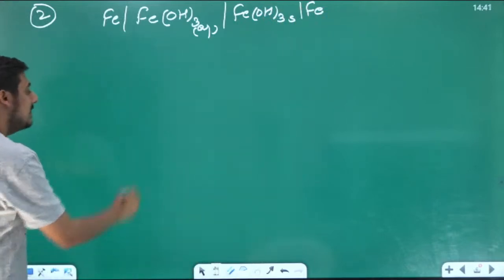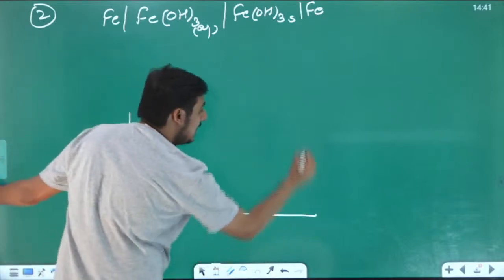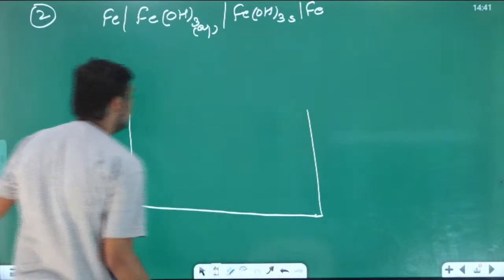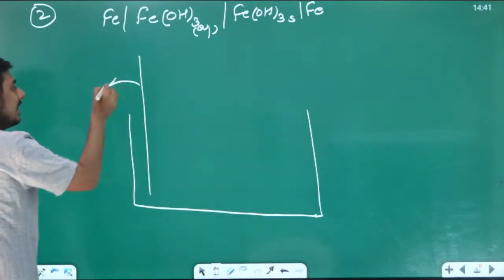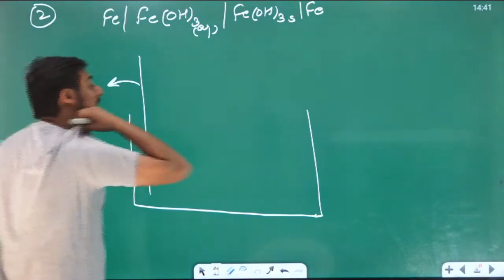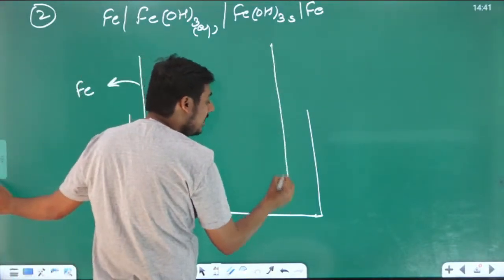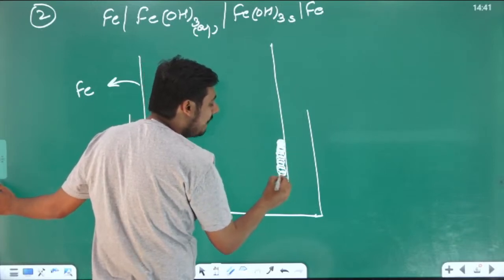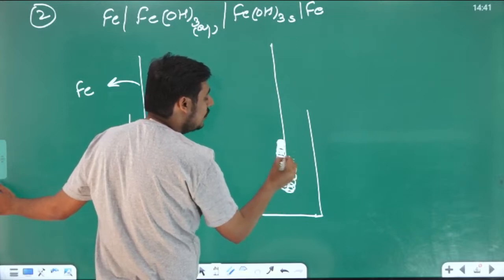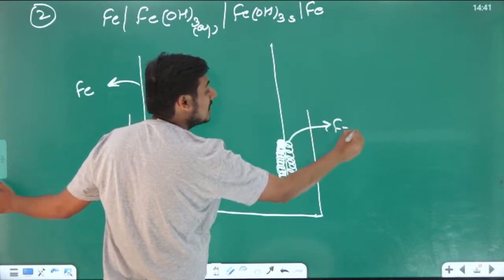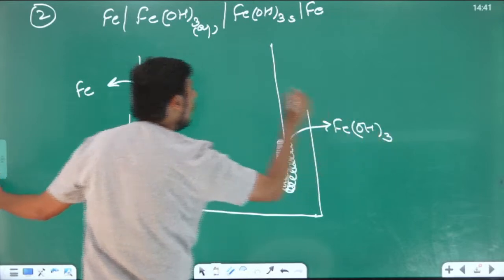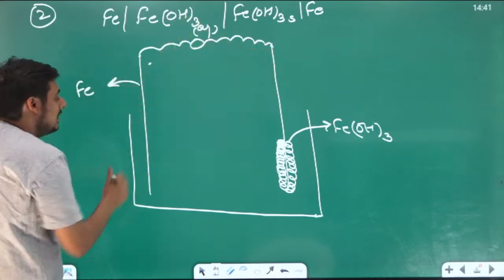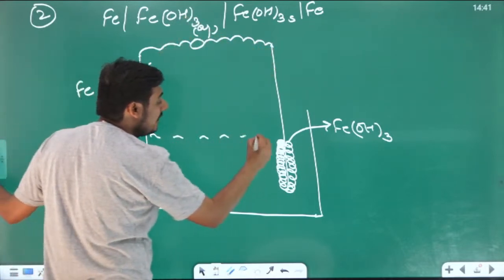This generally means that the whole cell is set up in a single beaker, where one side of the beaker contains a solid iron Fe electrode, and the other side contains a solid Fe electrode which has a solid paste of Fe(OH)3 on it, and this whole electrode is dipped into a solution which has two ions.